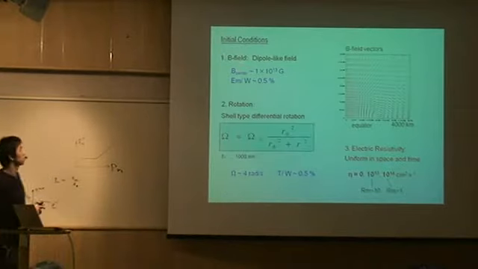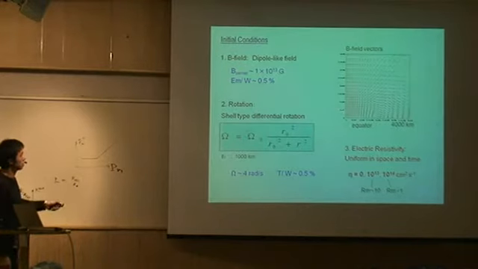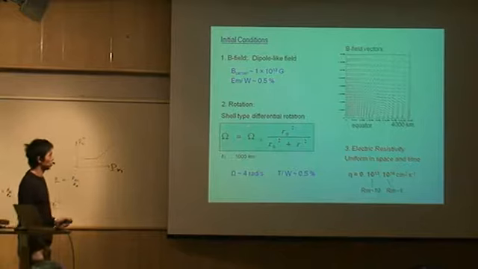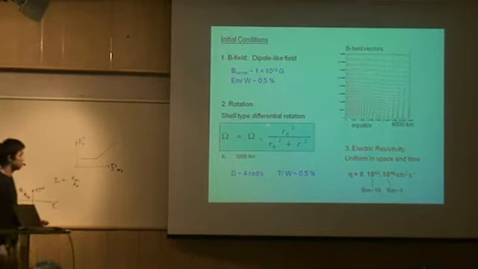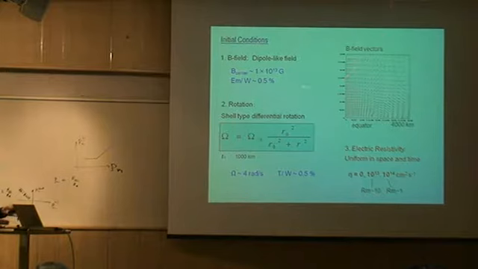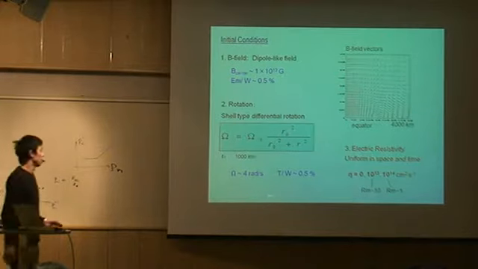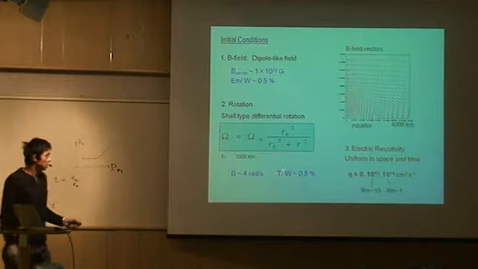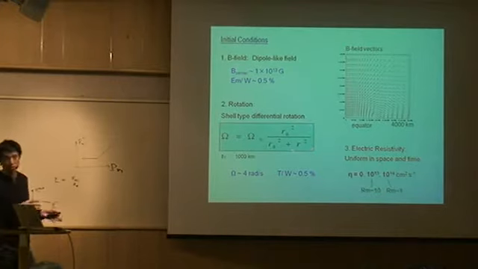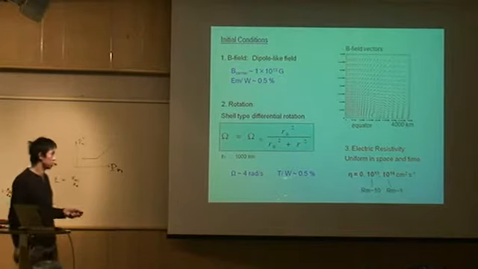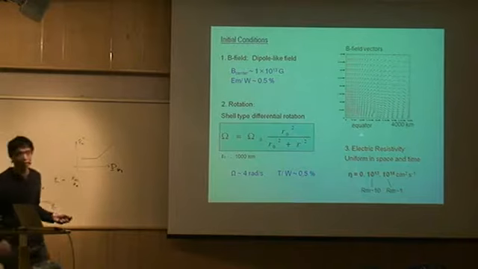For initial conditions, the magnetic field is assumed to be initially dipole like this, and the initial ratio of magnetic energy to gravitational energy is 0.5. Rotation is assumed to be a differential rotation profile like this, so angular velocity is faster for the smaller radius. The initial ratio of rotation energy to gravitational energy is also 0.5%.